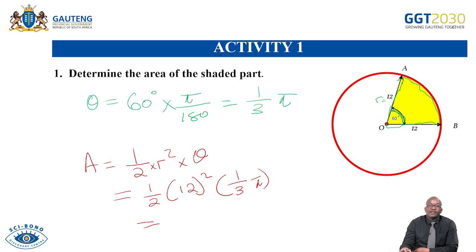Now you go back to your calculator again and punch 1 over 2 times 12 squared multiplied by 1 over 3 pi. Then in your calculator, you will get 24 pi, or we can write it in decimal form as 75,40.